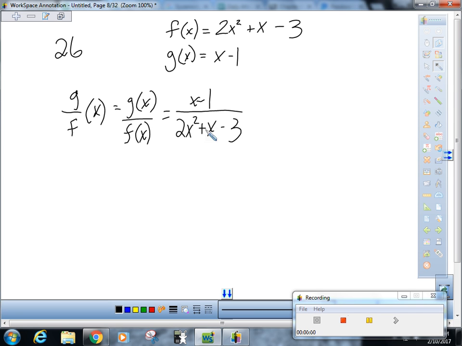It would be complex, but there might be a better way. Because really what we're trying to do is figure out if this thing turns into x minus 1 times something. If it does, then we'll be able to cancel them. Are you following me on that? So we're going to use a different strategy.